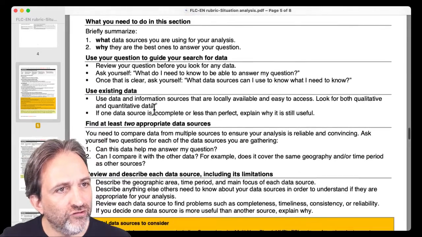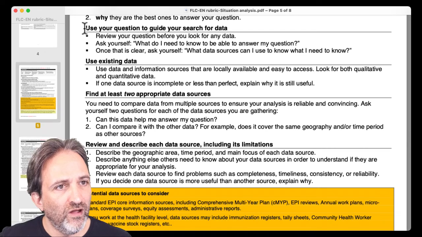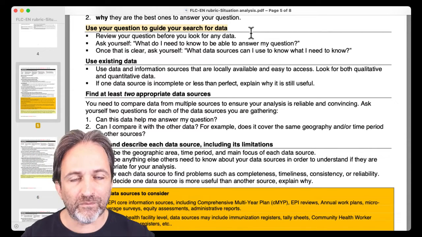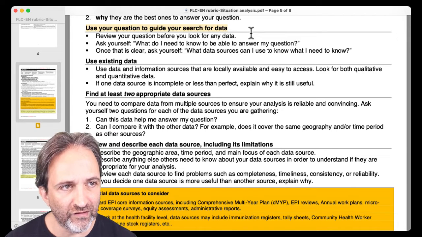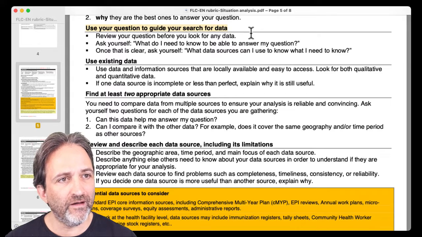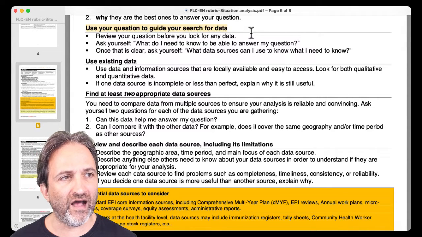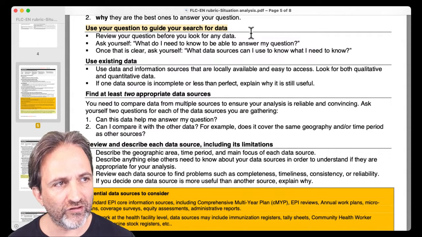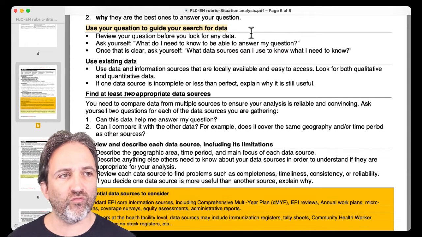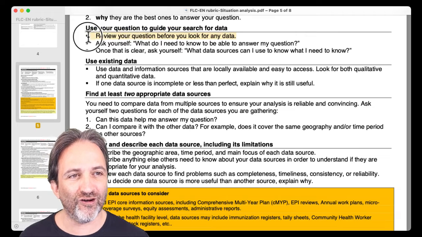Now, to go back to the rubric, you can see here, use your question to guide your search for data. So indeed, it's not just about saying, I have all these things. It's really, what do I need to know to be able to answer my question? And then once that is clear, ask yourself, what data sources can I use to know what I need to know? And this is why you should review your question before you look for any data.